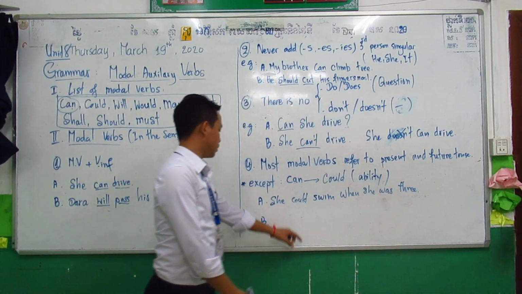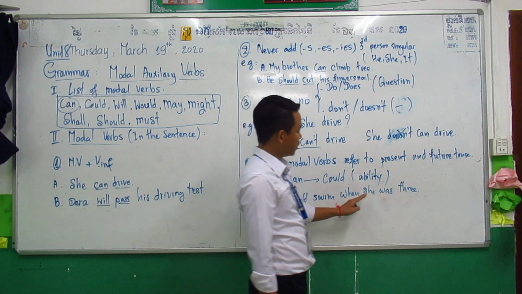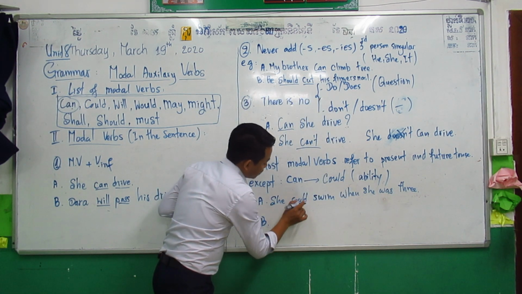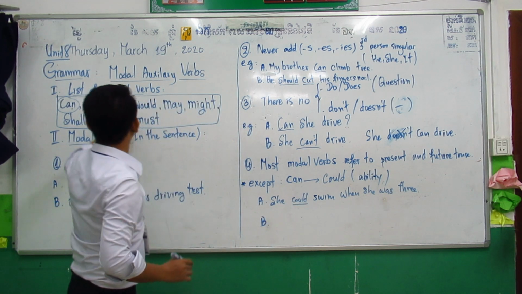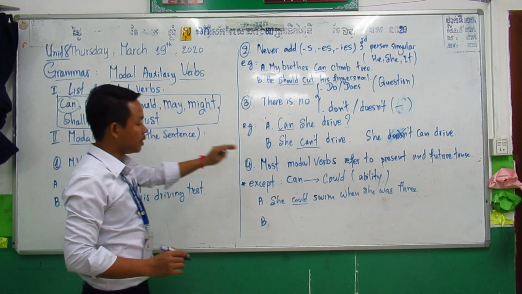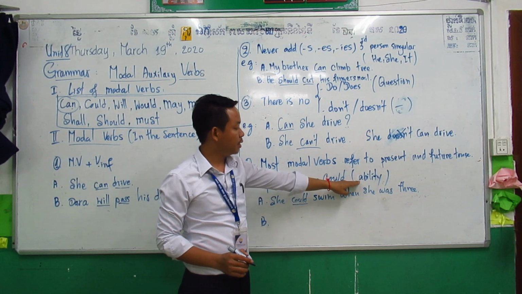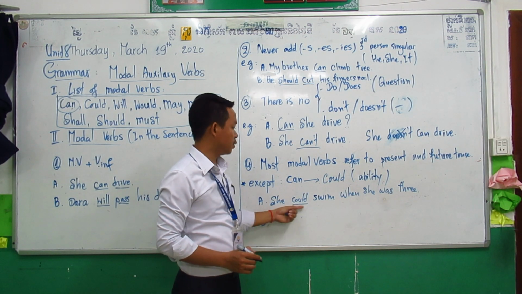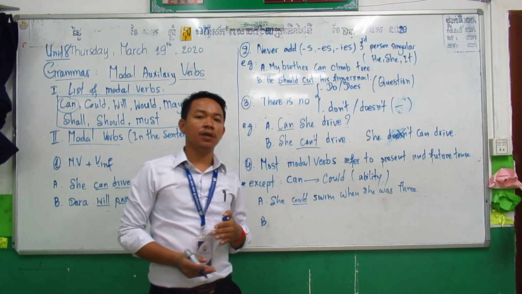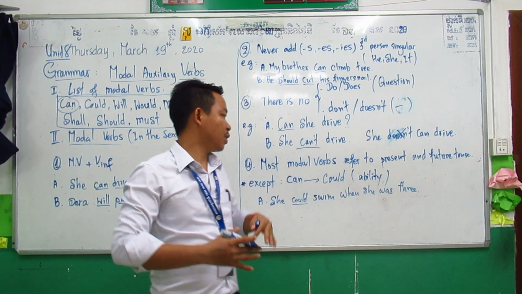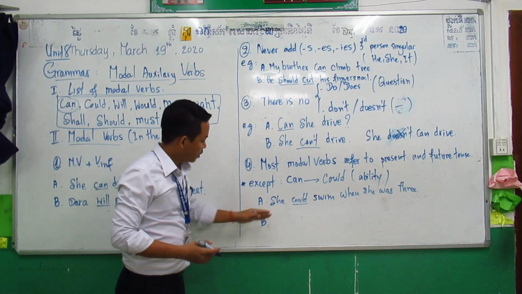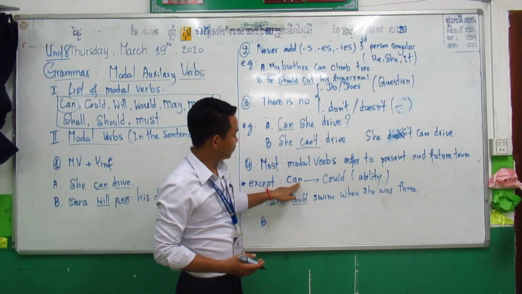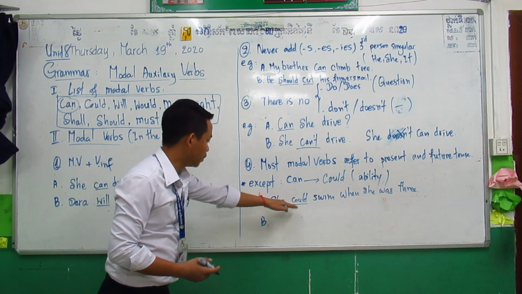Okay, look at this sentence. She could swim when she was 3. Alright, this verb could is also a modal verb, but here it talks about ability in the past, right? When she was 3 years old, she could swim. When she was 3 years old, she could climb a tree. Okay, this is the past tense of the modal verb can becoming could.